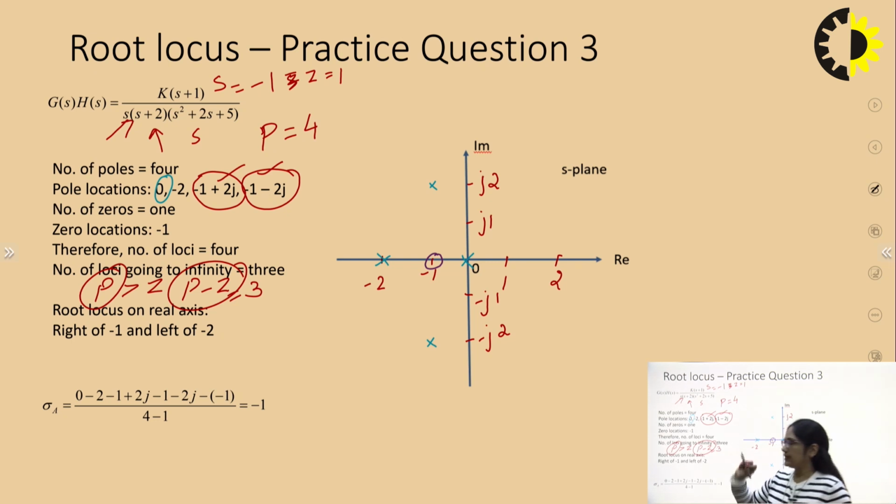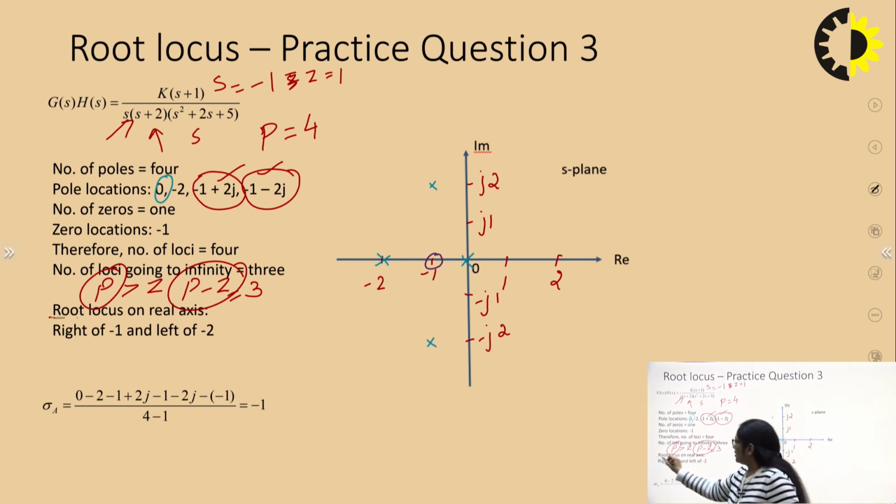As we know, the root loci start at an open loop pole and terminate at an open loop zero or at infinity. Here there is 1 zero in the system, so one locus will start at an open loop pole and terminate at an open loop zero, whereas the remaining 3 will terminate at infinity.